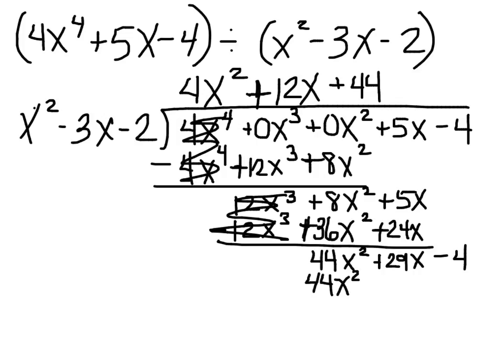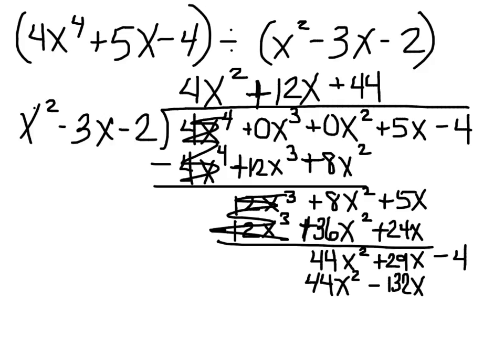Have you noticed that when you multiply for the leading term, it's always the same thing? Yeah, because when you subtract them, you want them to cancel. What's 44 times negative 3x? Negative 132 is correct.